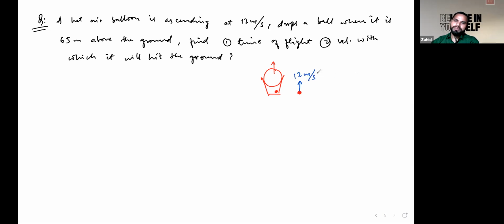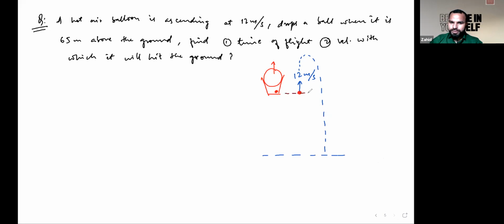So it will be 12 meters per second, due to which it will ascend to some height and then return back to the ground.